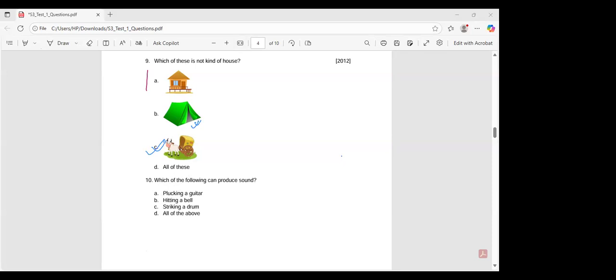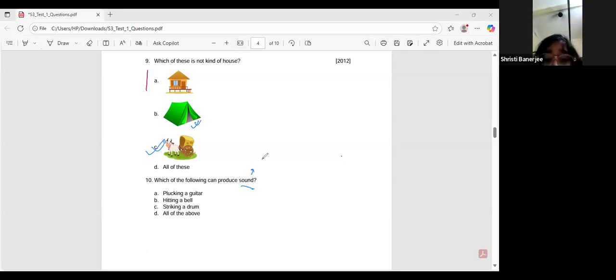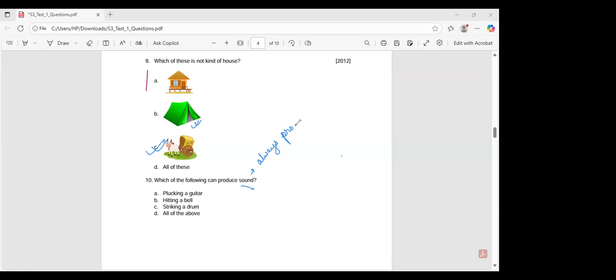Now, the 10th question says, which of the following can produce sound? So see, sound is always produced in a medium. That means in the medium you have a few particles which vibrate, and due to this vibration a wave is formed, and this wave is known as sound, right?